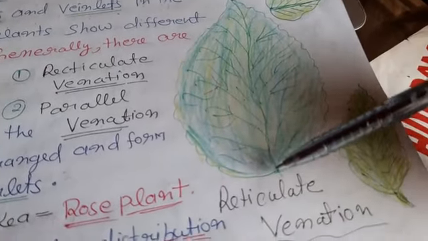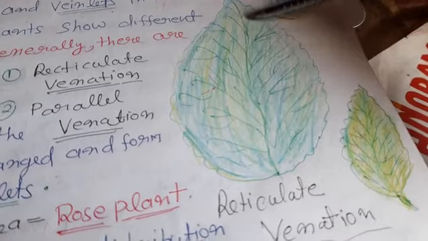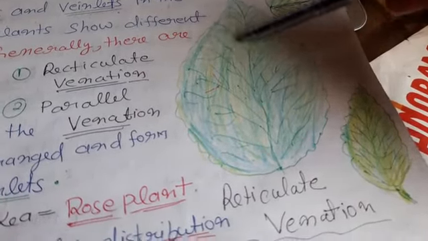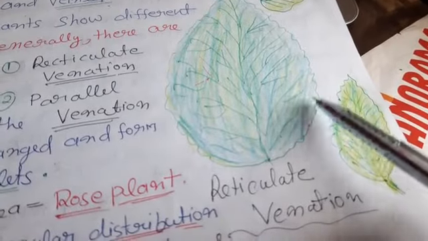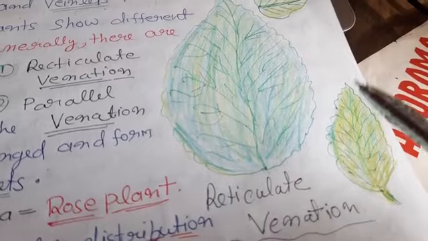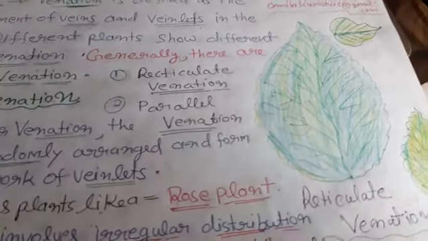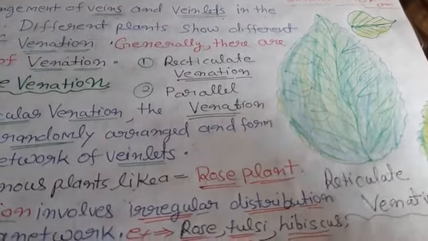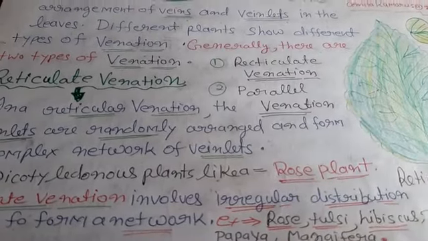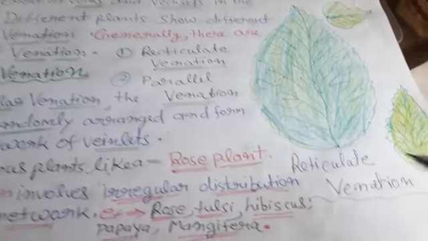Here we can see the main vein is the central vein, and some side veins arise from the central vein, and some small veins called veinlets arise from the side veins. This irregular, random arrangement of veins and veinlets forms a complex network, and this is called reticulate venation.